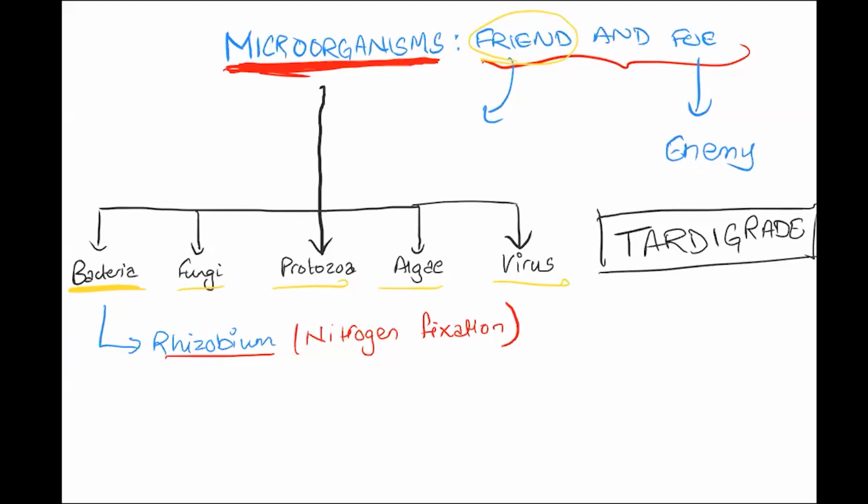These tardigrades were sent to space and they were able to survive there also. These are microorganisms only. They can stay in water, they can stay anywhere, and these tardigrades can survive. So you go and Google, and we'll discuss tardigrades if you want.